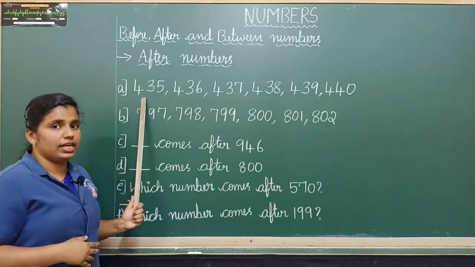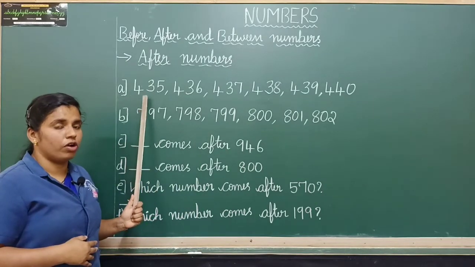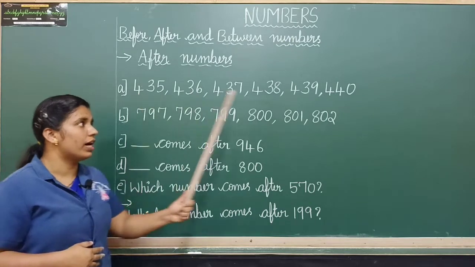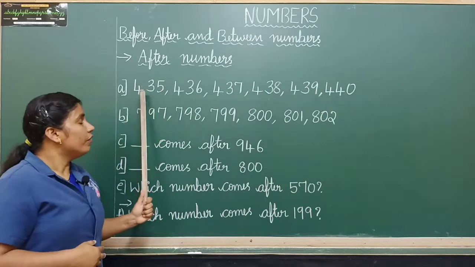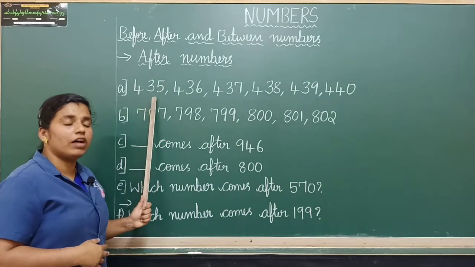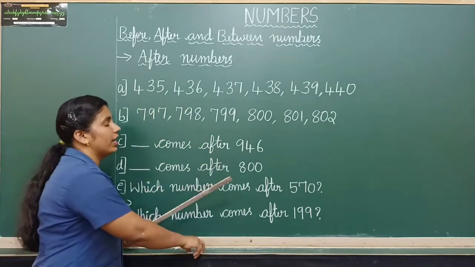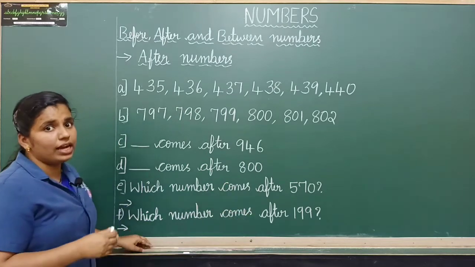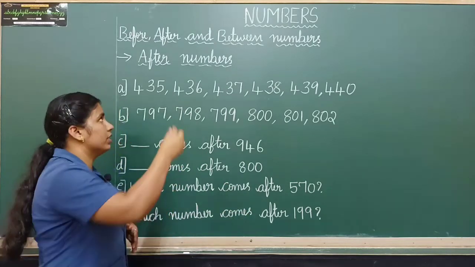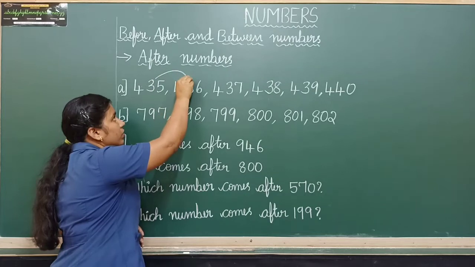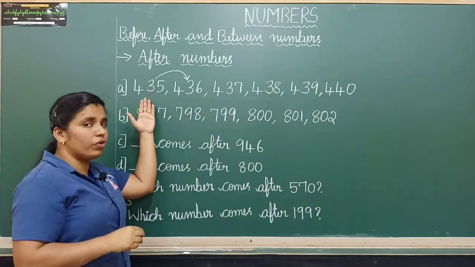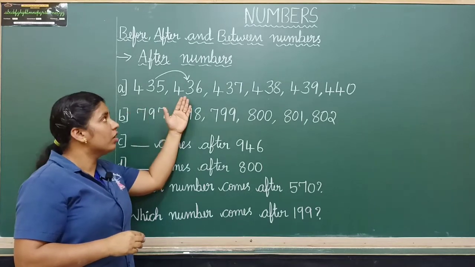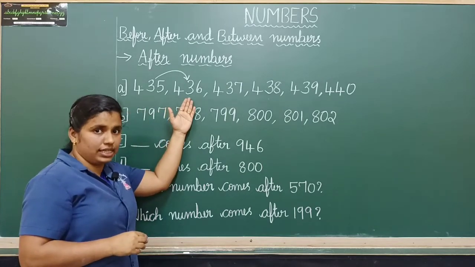Here you can see I have written numbers from 435 to 440. Which number comes after 435? You know that we have to count forward. And when you start counting forward, the first next number of 435 is 436.